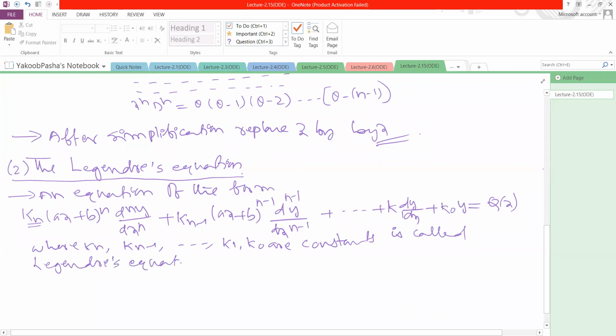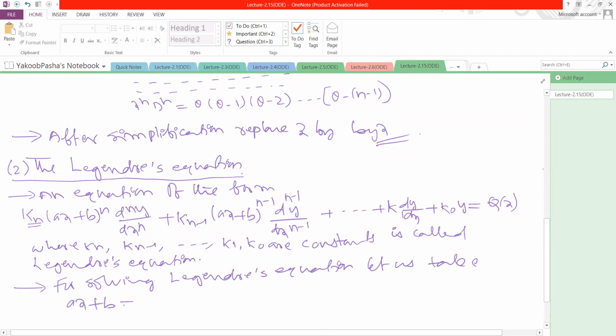Now for solving Legendre's equation, we can do the same procedure as we discussed in Cauchy-Euler equation. Let us take Ax plus B is equal to e to the power of z.